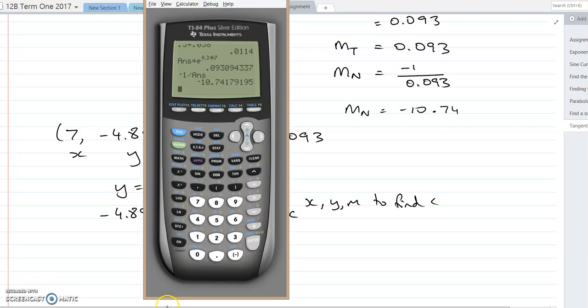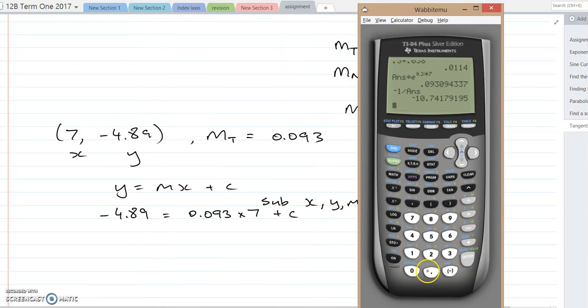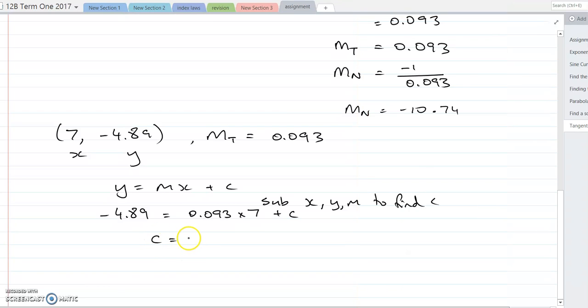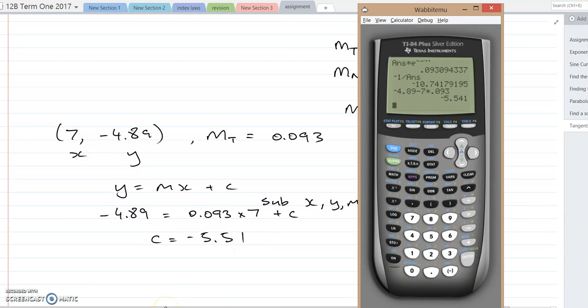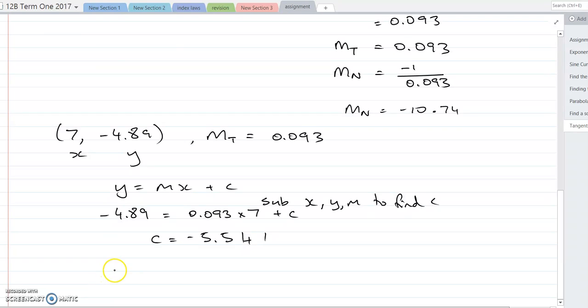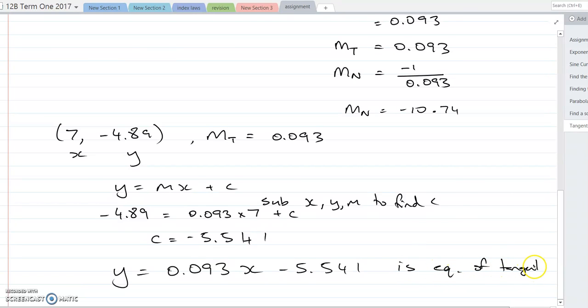If we work that out, c is going to be negative 4.89 minus 7 times 0.093, which is negative 5.541. So y equals 0.093x minus 5.541 is the equation of the tangent.